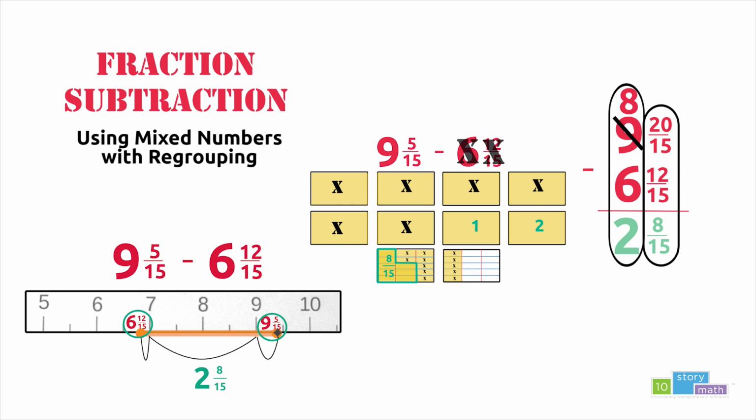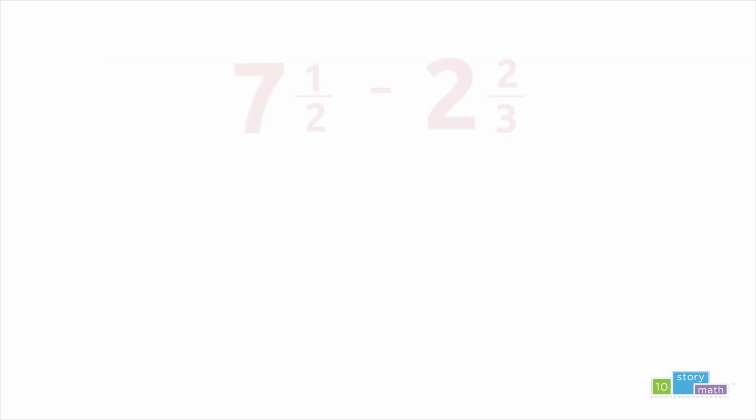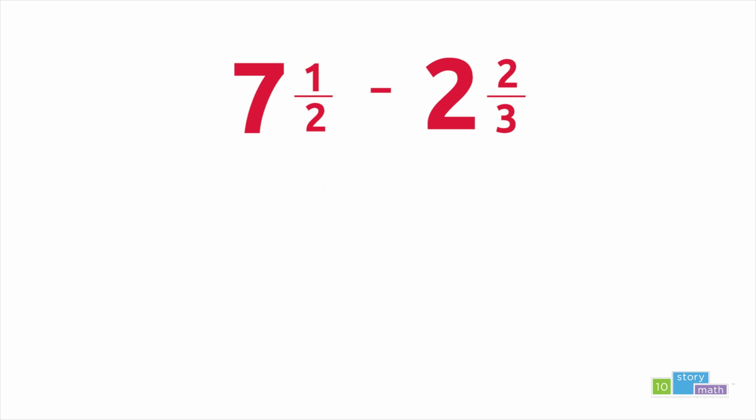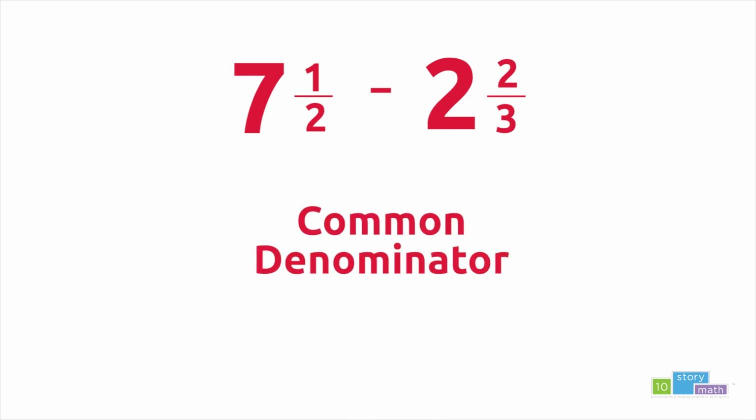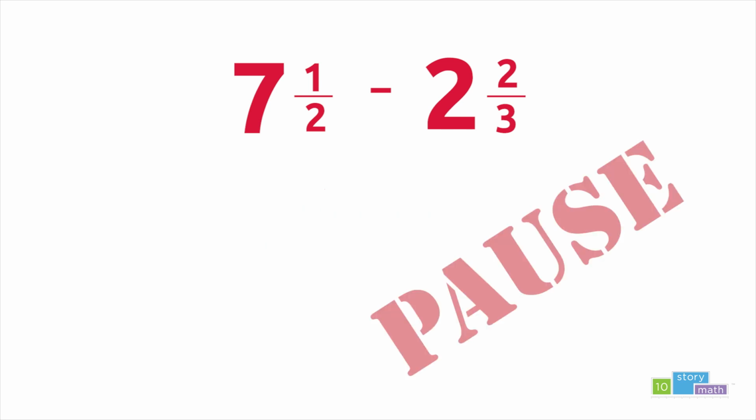Use one of these strategies, or better yet, more than one of these strategies, to solve the following problem. And remember, when working with fractions, the first step is to find a common denominator. Then, use a strategy to solve the problem. Pause the video, and then press play to check your work.